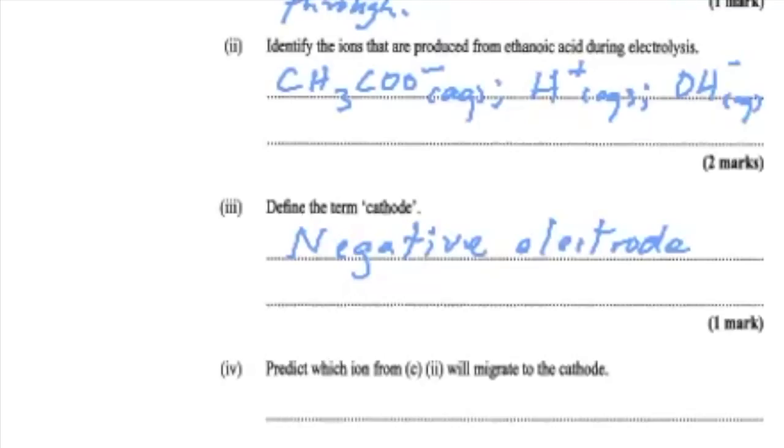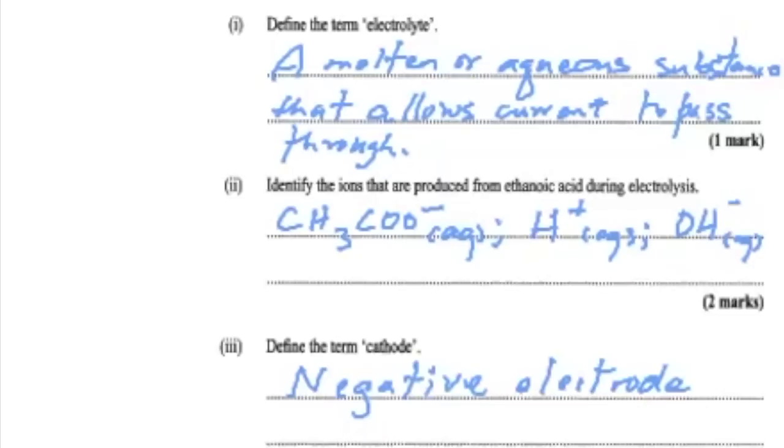Predict which ions from C2 above will migrate to the cathode. The cathode is the negative electrode, so we know opposites attract. So the only ions that will migrate to the cathode in this case would be the H plus ions, because the positive ions here will migrate to it.